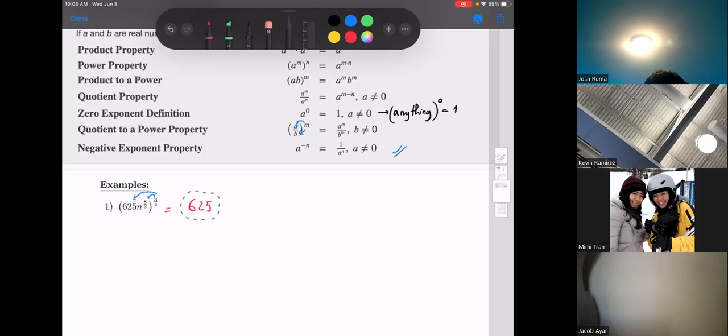Maybe I'll write it on the left, so I need some space. So 3 to the 4 here, and then 3 to the 4 here. So I distribute. Inside the parentheses will be 625, and then n to the a over 3.